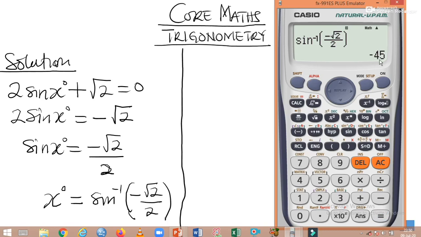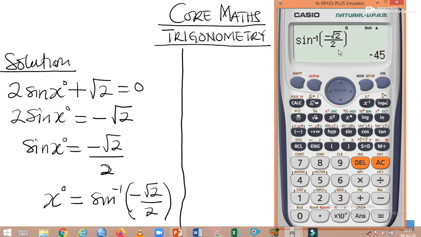Wow. The calculator is giving us minus 45 degrees. Minus 45 degrees. This is strange. Oh, yeah, it's very strange. How can we get a negative angle? Okay, don't worry. I will let you know how we'll go about this one.